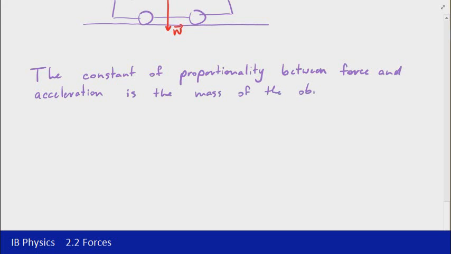So by that I mean, if you have a constant force, so if you say applying a force to a car to get it to accelerate, if that force is constant, a heavier object will accelerate more slowly.